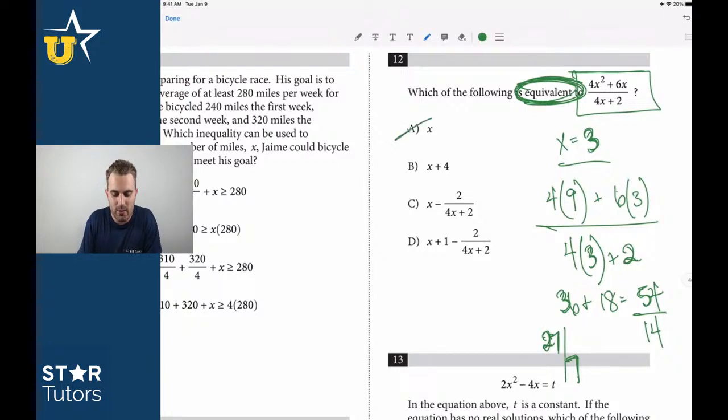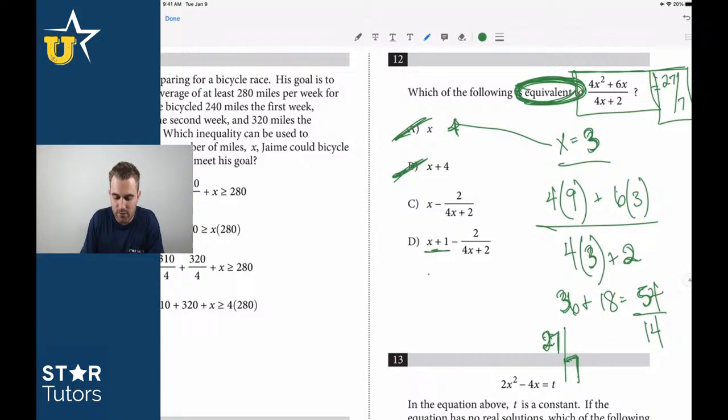So right away, if I'm going to plug in x equals 3, I'm saying that this value when I plug in x equals 3 is equal to 27 over 7. And because I see this word equivalent, I know that I have to find my answer choice that's also going to give me 27 over 7, and that's a fraction, so I know it's not A or B. I also know 27 over 7 is almost 4.